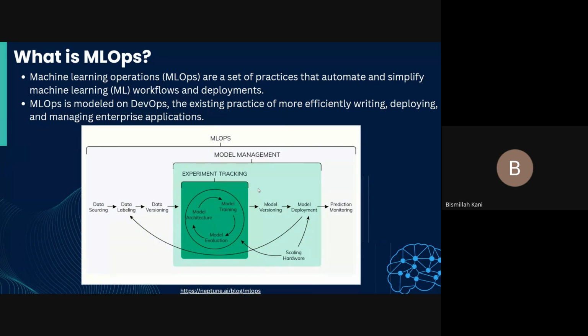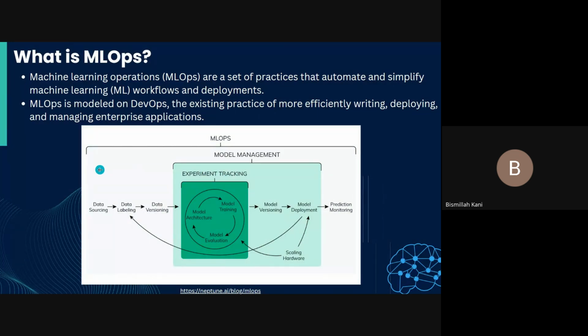Now, with the advent of machine learning and artificial intelligence, there are many machine learning models that need to be managed at enterprise grade, and it becomes very difficult if you don't have a good set of practices for automating and managing these machine learning workflows and deployments at scale. MLOps is what is recommended to solve these production level challenges.